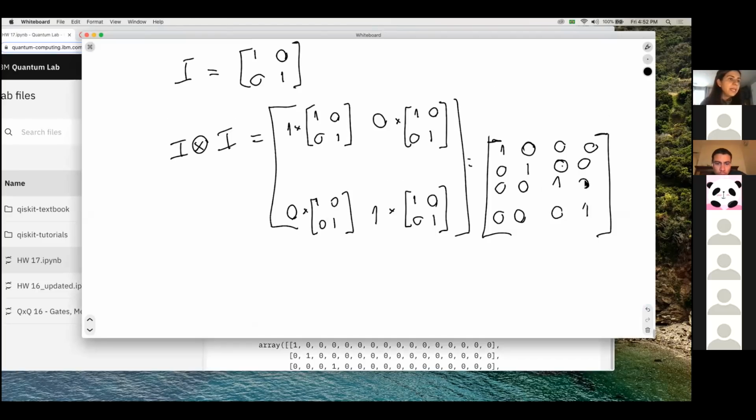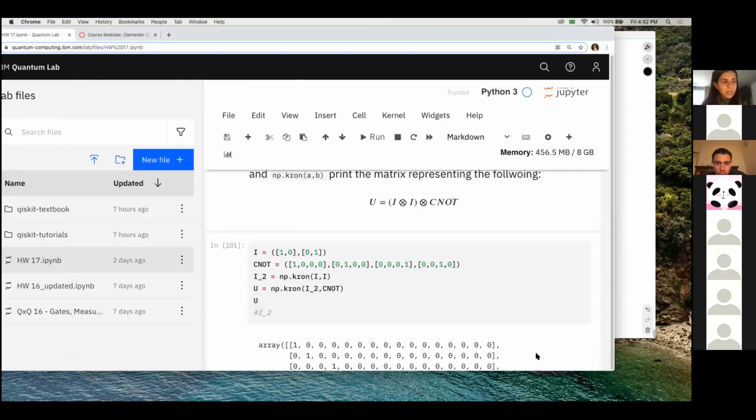If you're applying to a system where you have 4 qubits, you need an identity that's 4 by 4. If you're applying to 2 qubits, then you need an identity that's 2 by 2. It depends on the system you're working on.